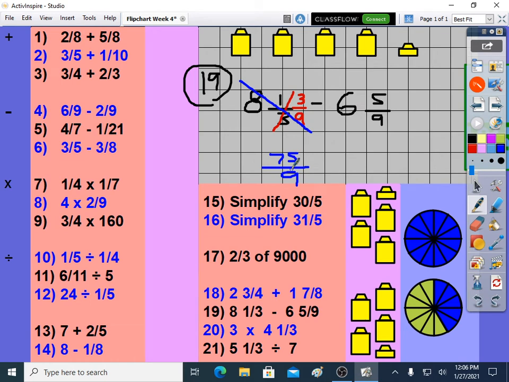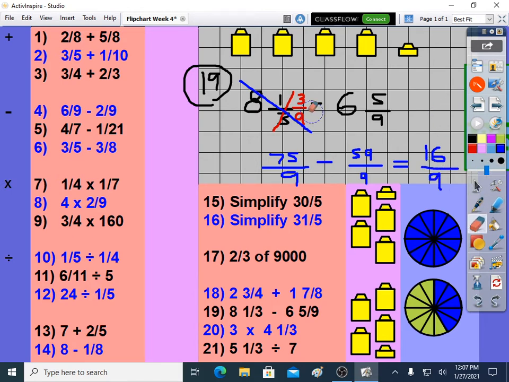I'm writing it underneath because I've got no room up the top. I'm going to change all this one into 9ths as well. 6 times 9 is 54, so there's 54/9 in there, plus another 5 is 59/9. At least I've got something I can do now. 75/9 take away 59/9 is 16/9.